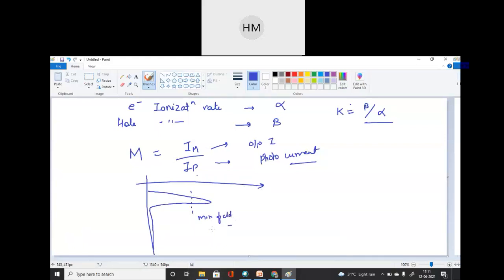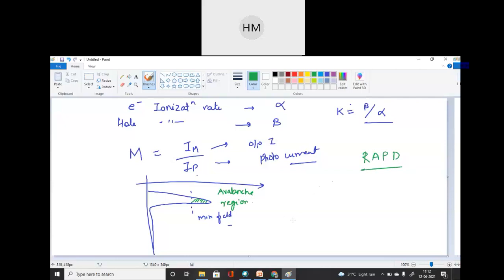Impact ionization will happen after avalanche breakdown, and this region, I will use a different color pen, is marked as the avalanche region. So this is all about your APDs. It is also known as RAPD due to its construction technique which we are using.